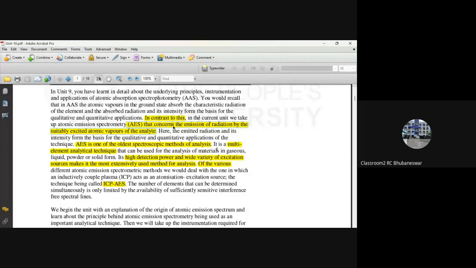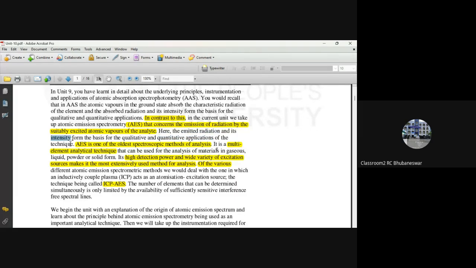Here the emitted radiation and its intensity form the basis of qualitative and quantitative application, because the intensity of the emitted radiation is proportional to the concentration. So you can do quantitative as well as qualitative analysis by seeing the emitted radiation and their intensities.